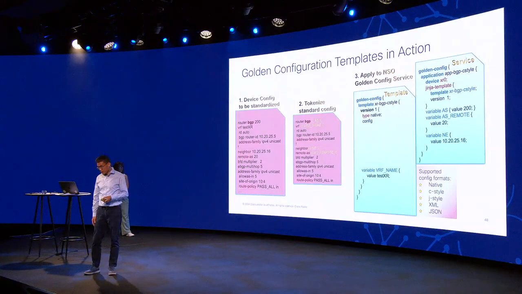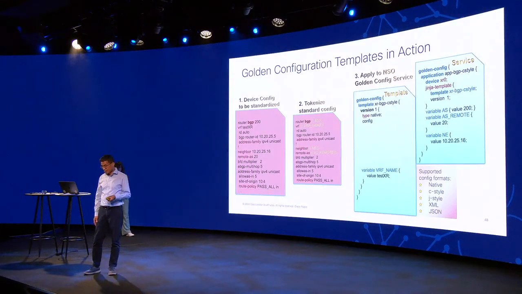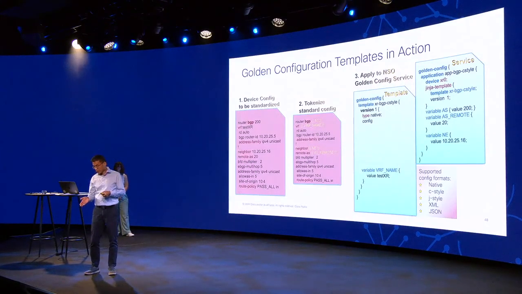Then after that step, you can use it to create service instance data for the template container of the golden config service application. You will paste that underneath the config keyword there. This is the native format. Then you see that there's a variable name defined down below that blank space. This is where the default value would go. In those cases, if you're happy with the default, when you instantiate it, you don't need to supply a value for that variable.